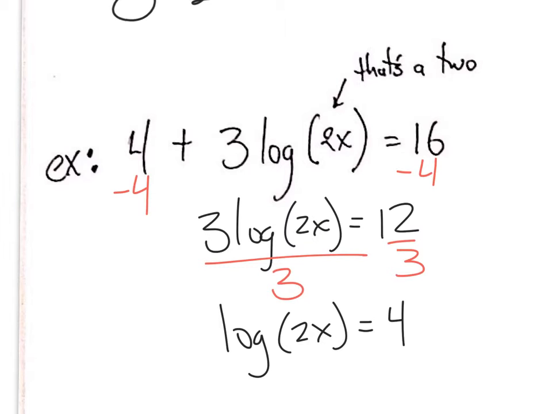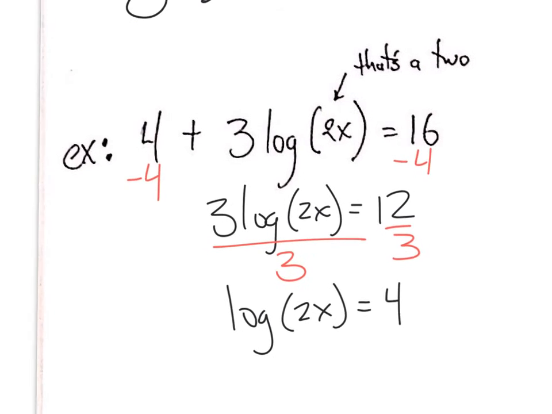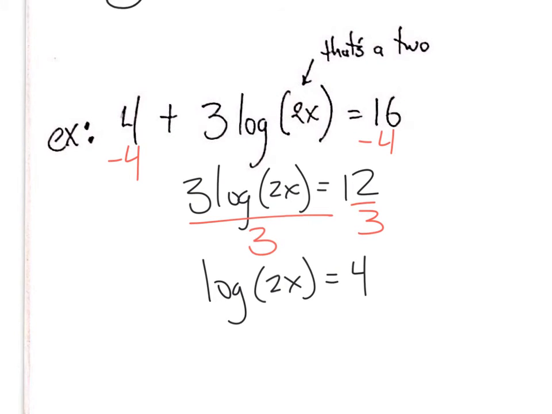Now we are in position to convert to exponential form. I wonder what the base is for this. Silly me, that's the common logarithm. So that's a base of 10.